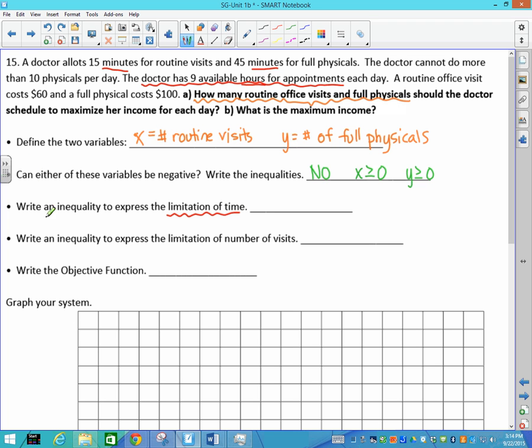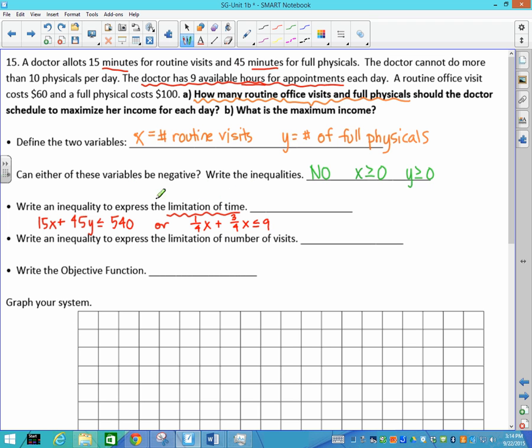So you can either say 15x plus 45y is less than or equal to, these are minutes, so I have to change my 9 hours to minutes by multiplying it by 60, and that's going to be 540. Or you can write your minutes in terms of an hour, which is 15 minutes is a fourth of an hour, and 45 minutes is 3/4 of an hour, is less than or equal to 9.